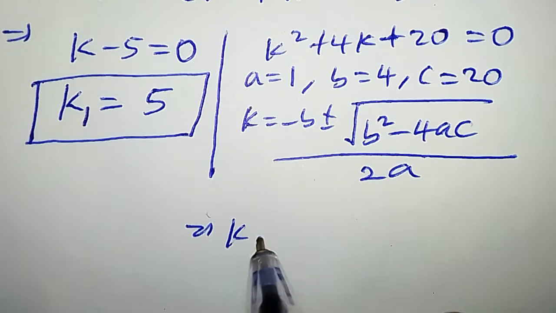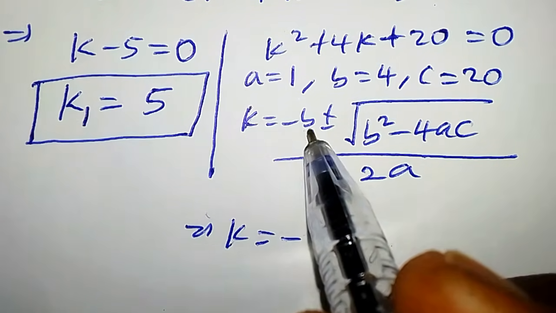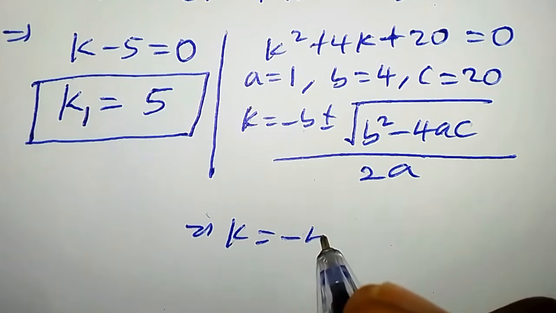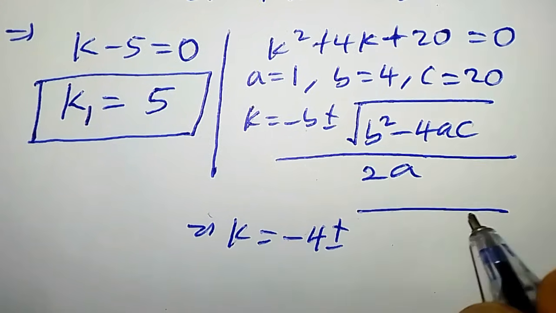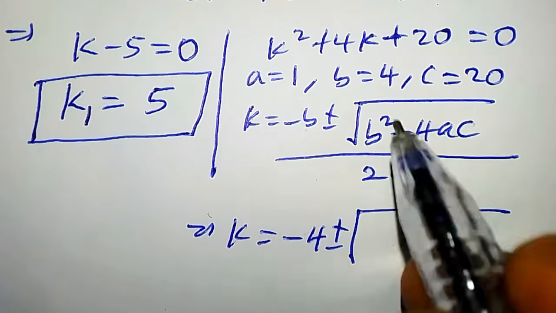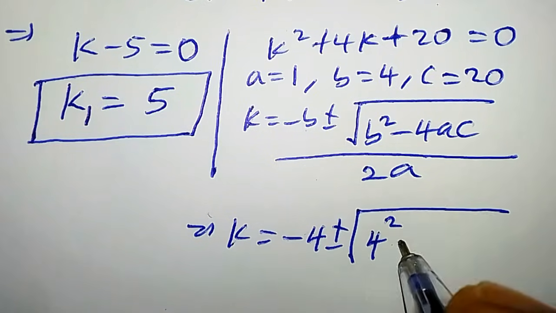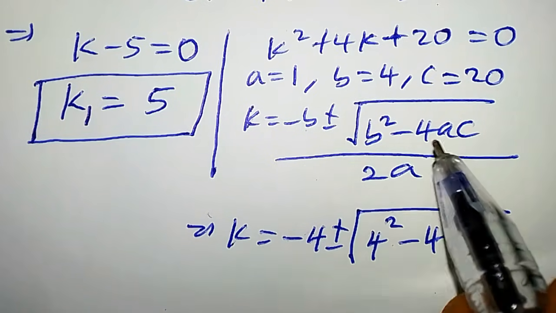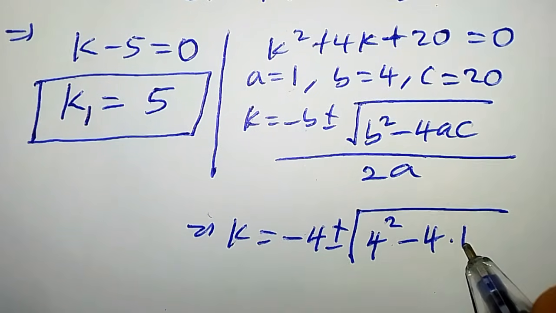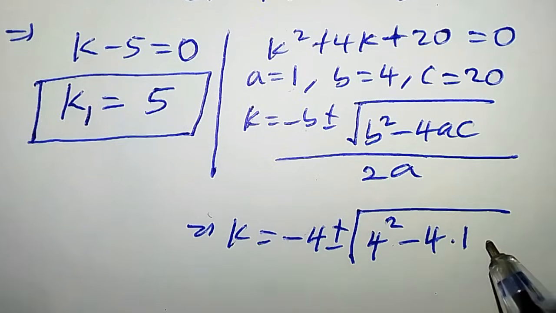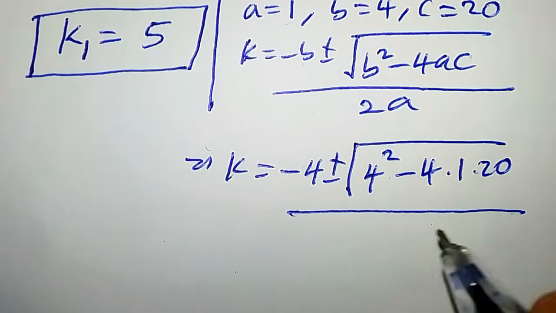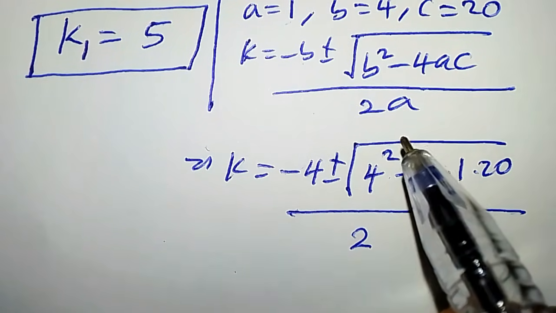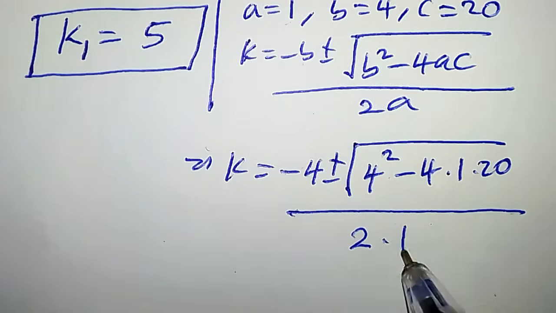So we have K equal to minus, what is B? B is 4. So we have minus 4 plus or minus square root of B square, that will be 4 square, minus 4 times A, which is 1, times C, which is 20, all divided by 2 times A, which is 1.